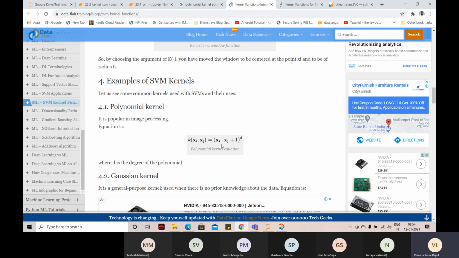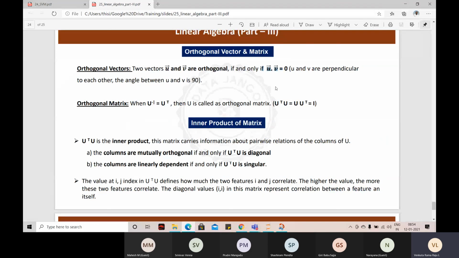Then you get less distance. When they are kind of similar, you get more distance. So this is actually a distance measure. When you know the orthogonal vectors concept, you will understand why that polynomial kernel equation is actually measuring the distance. Two vectors you multiply, you get 0, they are called orthogonal vectors.